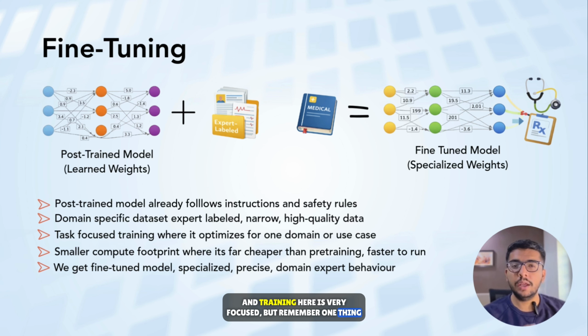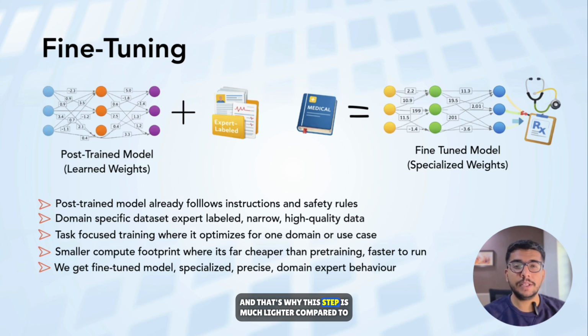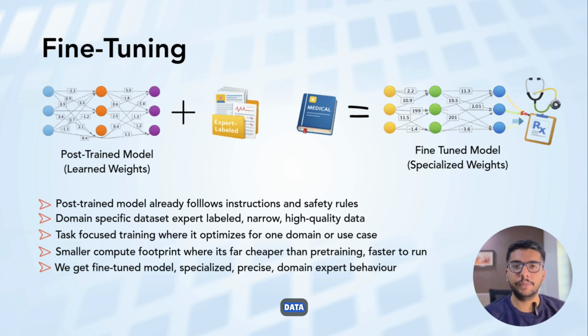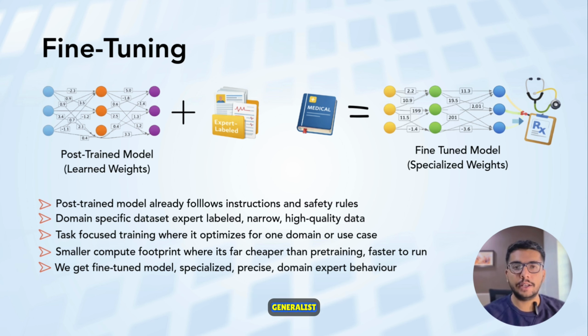But remember one thing, we are not teaching everything again, just sharpening the model for one specific use case. That's why this step is much lighter compared to pre-training and post-training, and most companies opt for this. They take a trained model and fine-tune it on domain-specific data. And after fine-tuning, the model starts behaving like a domain expert instead of a generalist.